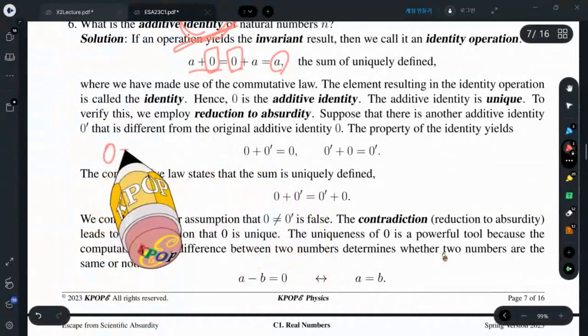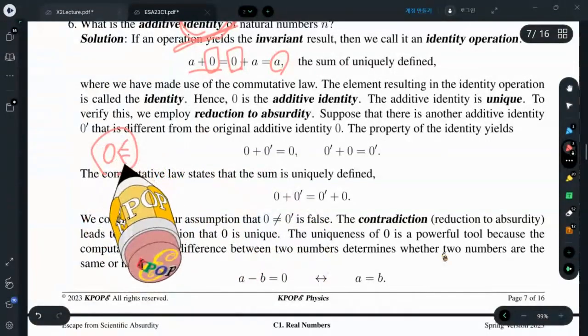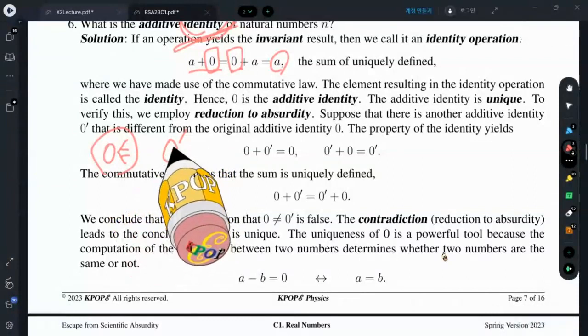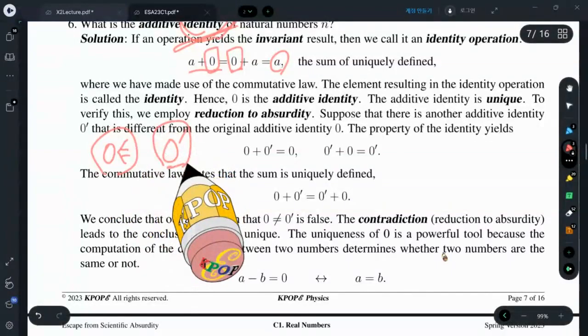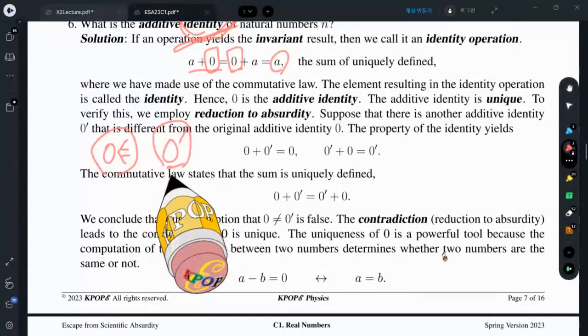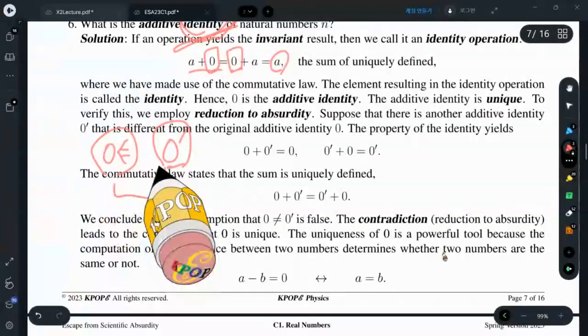Everybody knows that 0 is uniquely defined. However, somebody can raise an issue. Oh, there should be an x prime that gives the same result after the operation, but he claims that his 0 prime is different from 0.